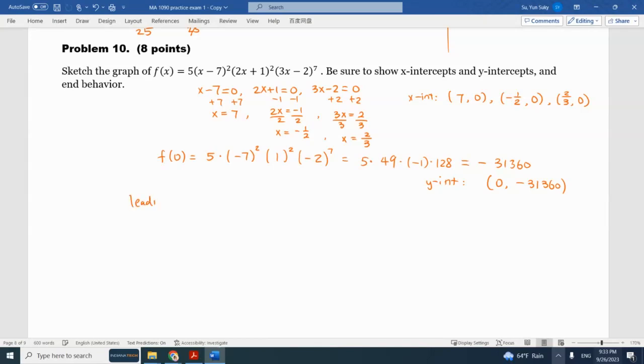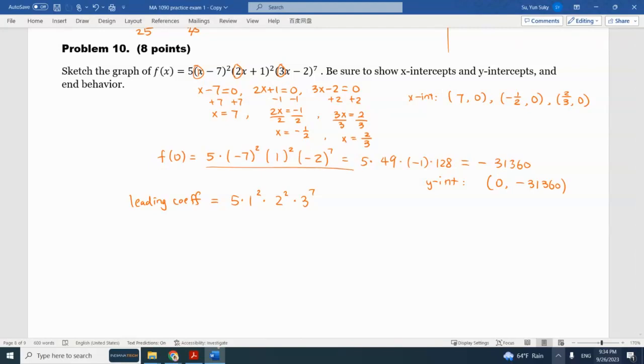Next, you want to figure out the leading coefficient. You look at the leading coefficient of each factor. The 5 stays here, and the coefficient of x is 1, and you square it. Coefficient of x is 2, you see the square, and coefficient of x is 3, but it's to the 7.